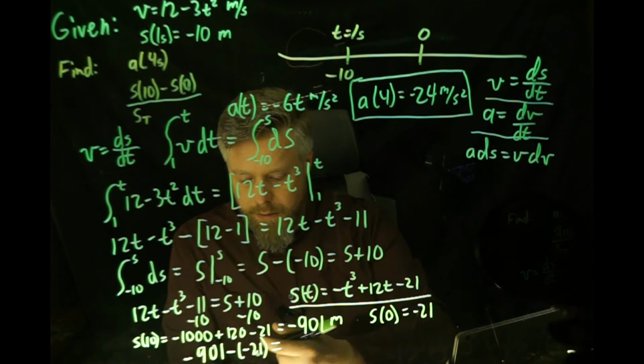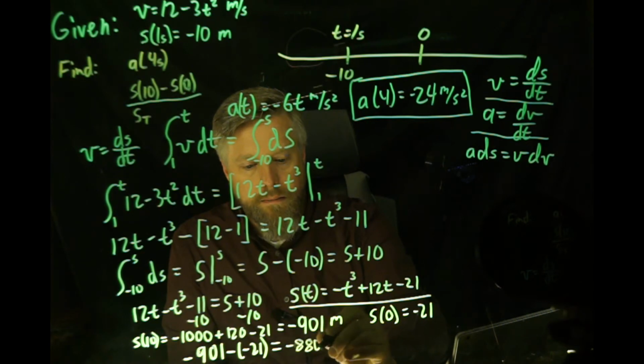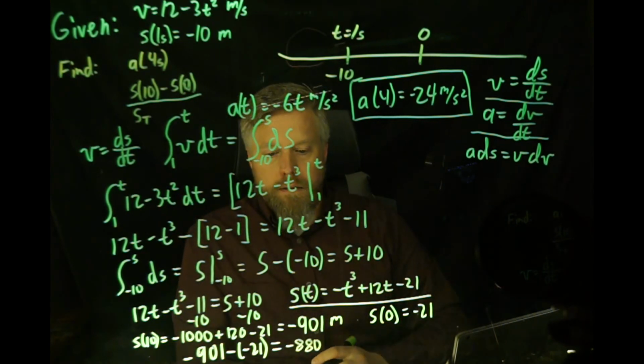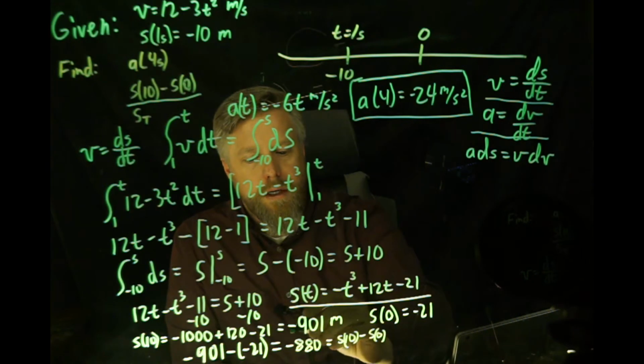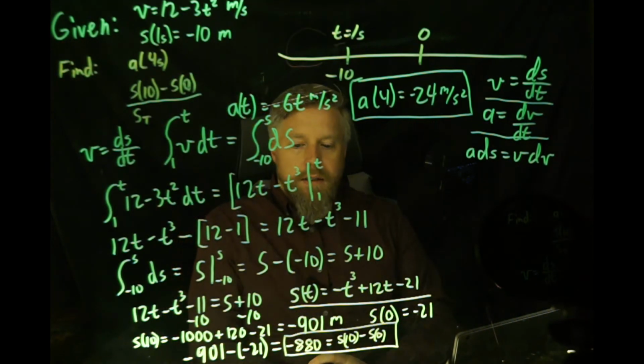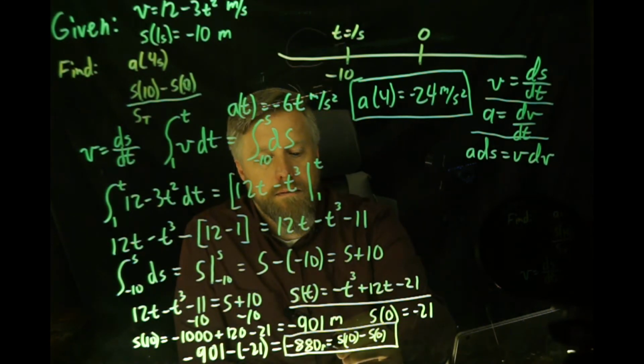That is negative 901 plus 21, which is negative 880. And that is going to be equal to the position at 10 minus the position at 0. So that's our second answer. The displacement is 880 meters to the left.